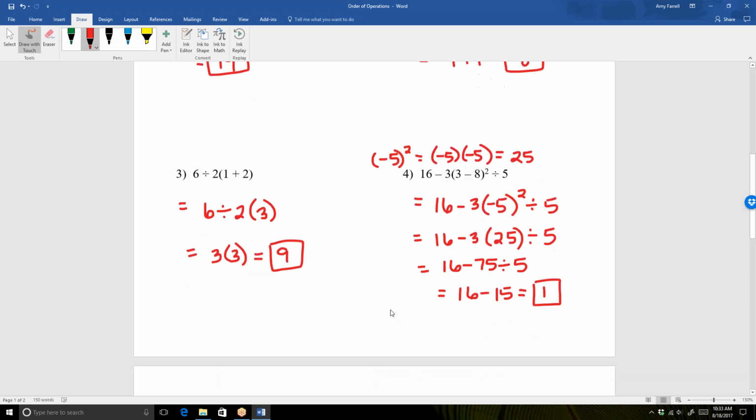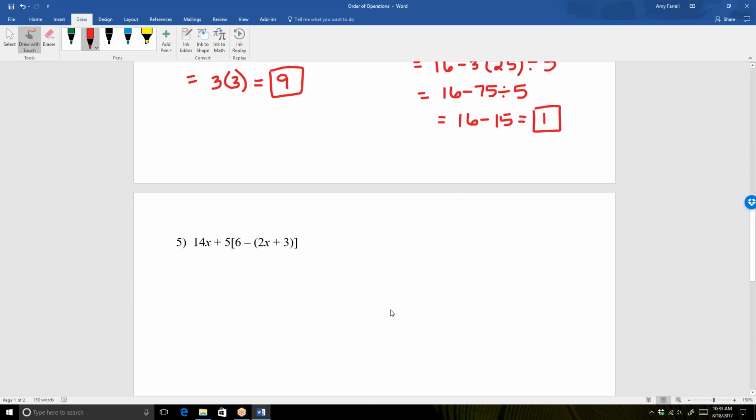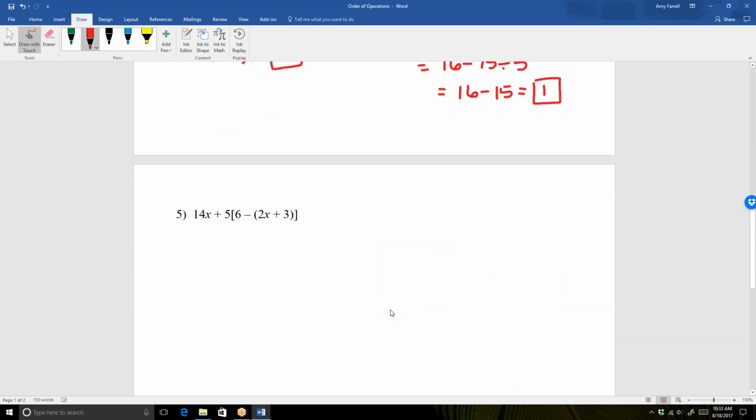I have one more problem that I'd like to look at to finish off this video. It does involve some algebra. So far we haven't seen any variables, but we can still look at expressions that contain variables and talk about order of operations. So this is an algebra problem here.